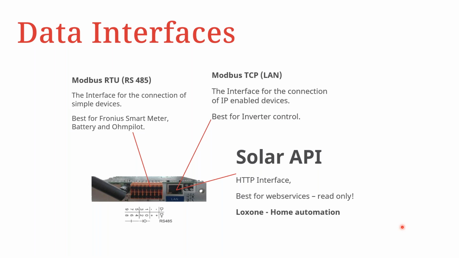It's best for web services, and these are usually read-only data. This can be seen in the Loxone home automation, where the home automation device is connected via this port and is used to manage the power for the entire home system.